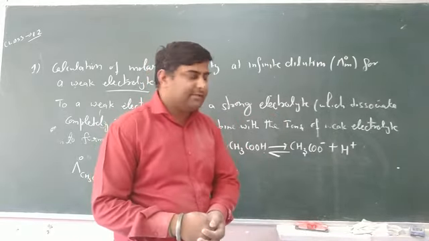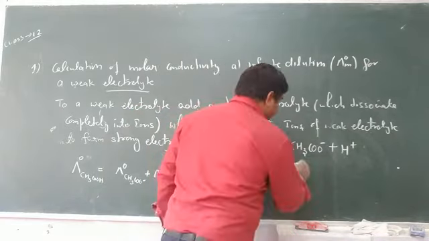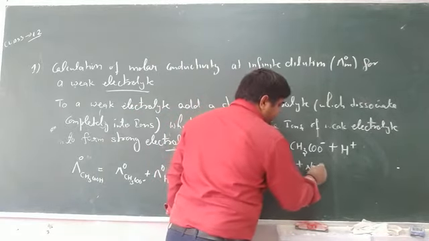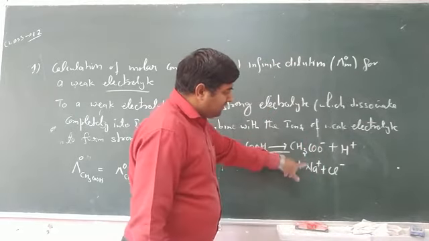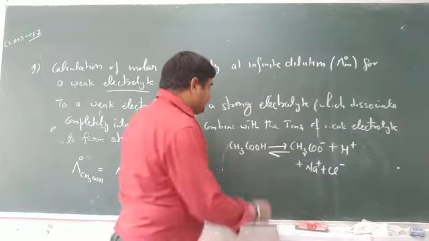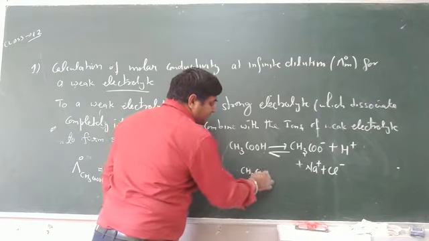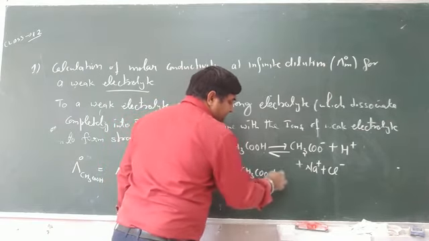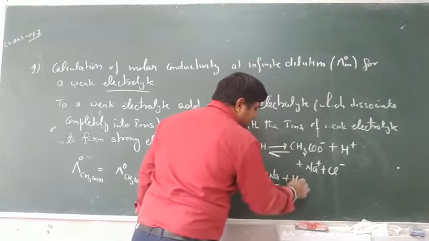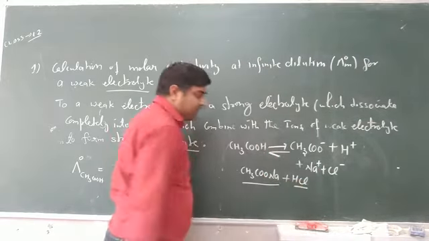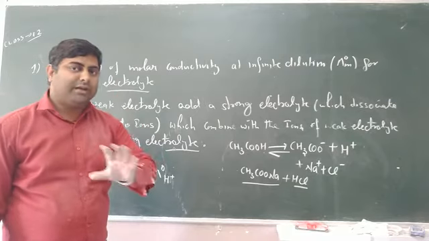So, in this case, if we add sodium chloride, sodium plus and chloride ions, the sodium ions combine with the acetate ion to form sodium acetate, which is a strong electrolyte. H positive combined with Cl forms HCl, which is again a strong electrolyte.